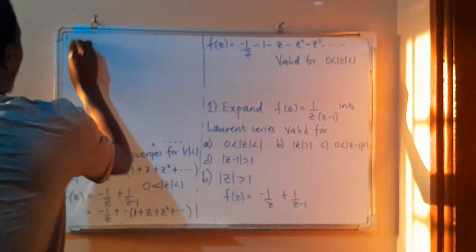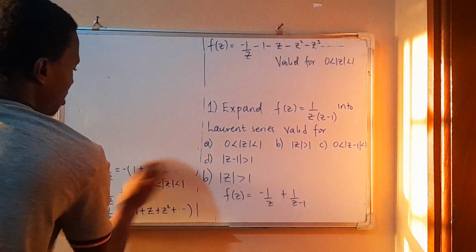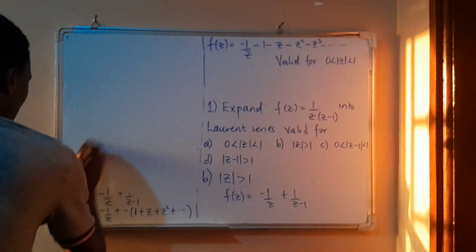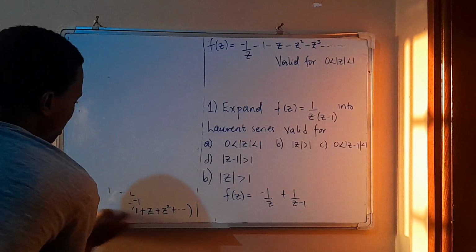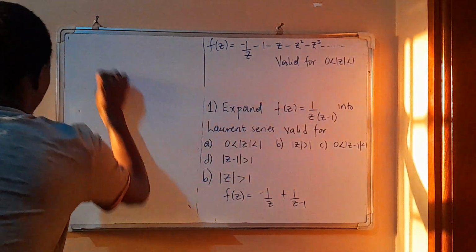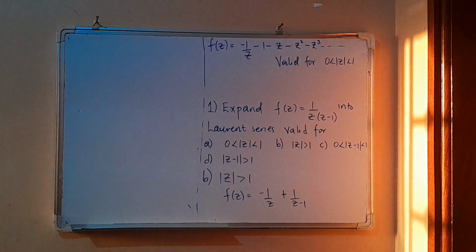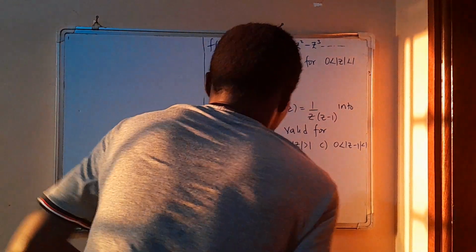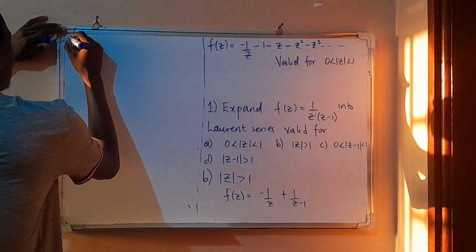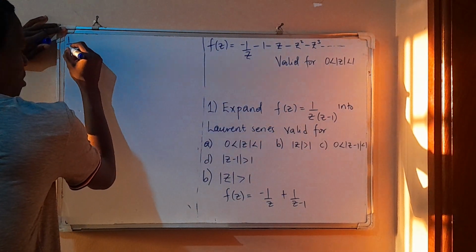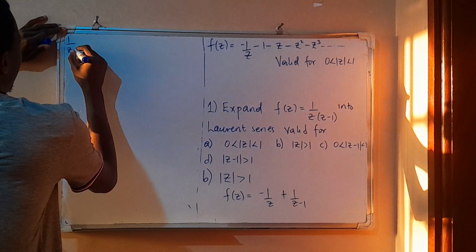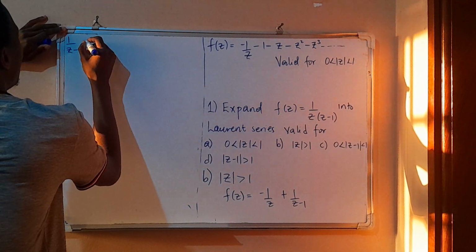Take a note of the sum to infinity of a GP. It's very important in obtaining such a series representation. So we need to manipulate z minus 1, or 1 over z minus 1.